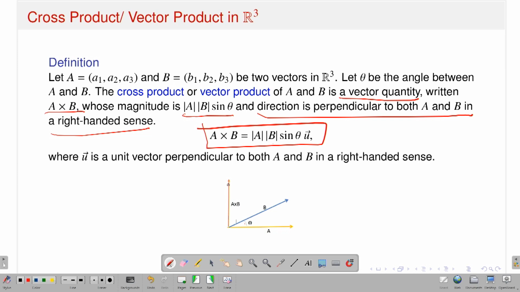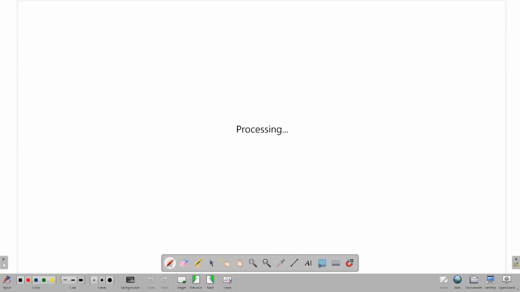So A cross B is perpendicular to both A and B in right handed sense, and its magnitude is modulus A modulus B sin theta.